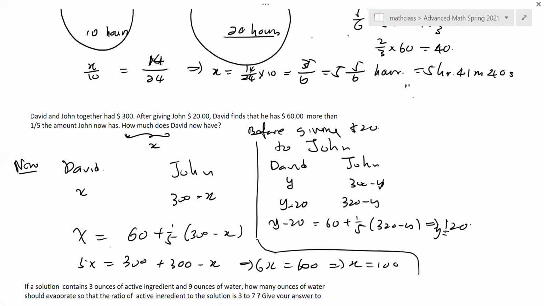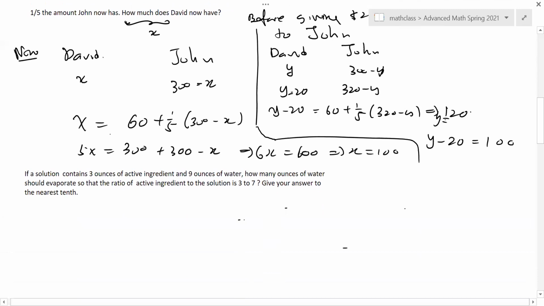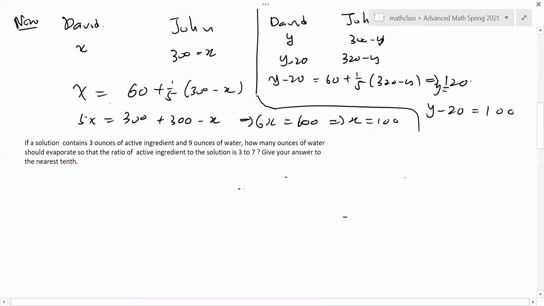Just be careful. So y minus 20 is going to be 100. That is the money David has now. So X is not used. The $20 didn't need to be used.